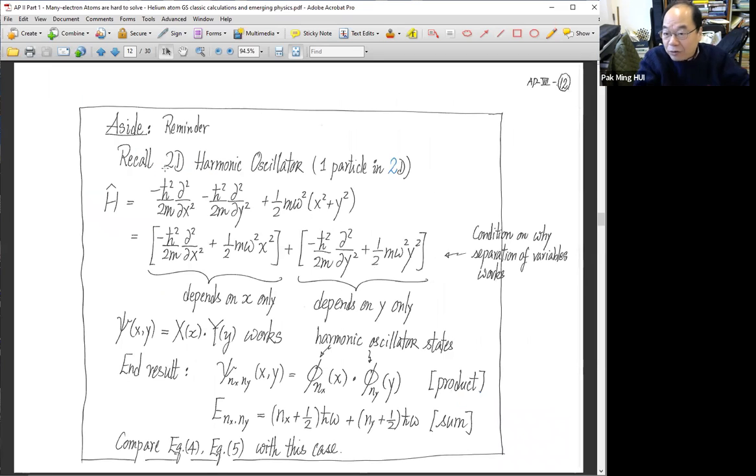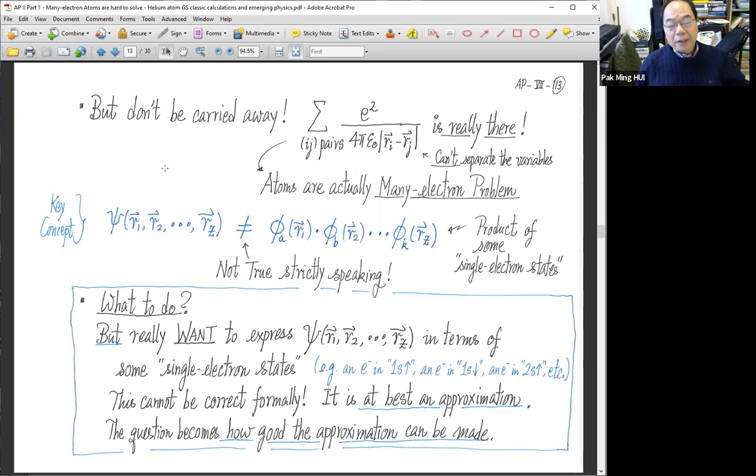Okay, so here I just remind you of separation of variables, but I will not go through it here. You should have done this several times. For example, the R theta phi problem in hydrogen, you separate into the radial part and the theta phi part and solve them separately, right? So the point is, this is the take-home message. When you have this Coulomb repulsive term between the electrons, it is a real many electron problem.